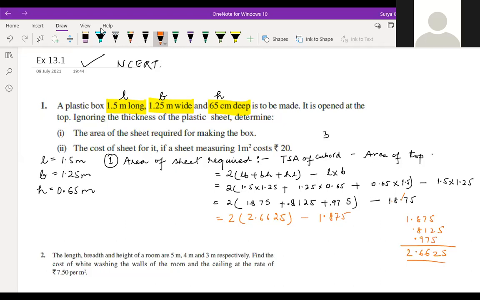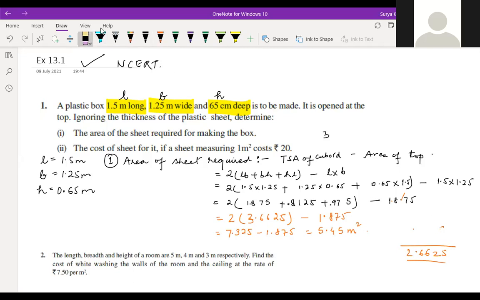It's coming 3.6625. So multiply this by 2, you get 7.325 minus 1.875. You are getting, children, what? 5.45 meter square. Is it clear to everyone, children?